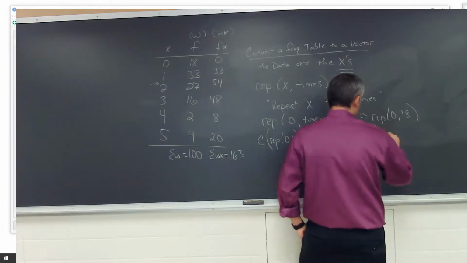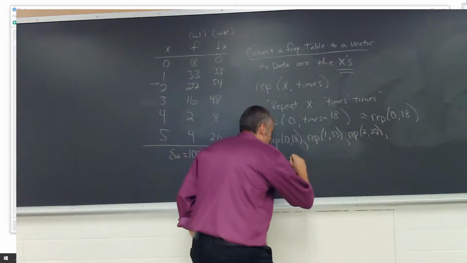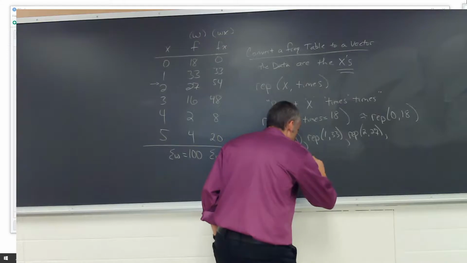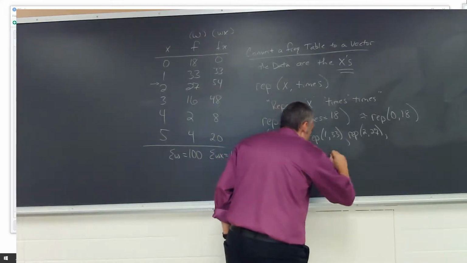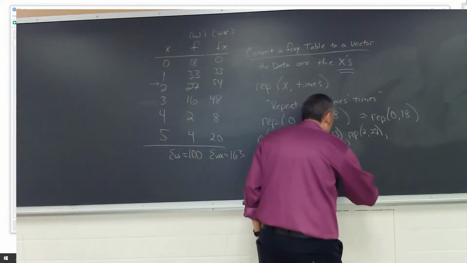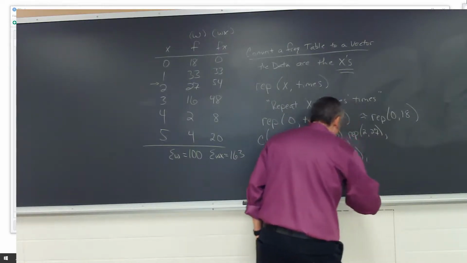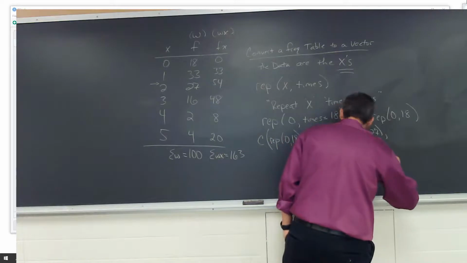I'm going to continue on the next line. And then we're going to have a vector of 16 threes, and then a vector of 2 fours. And then a vector of 4 fives.